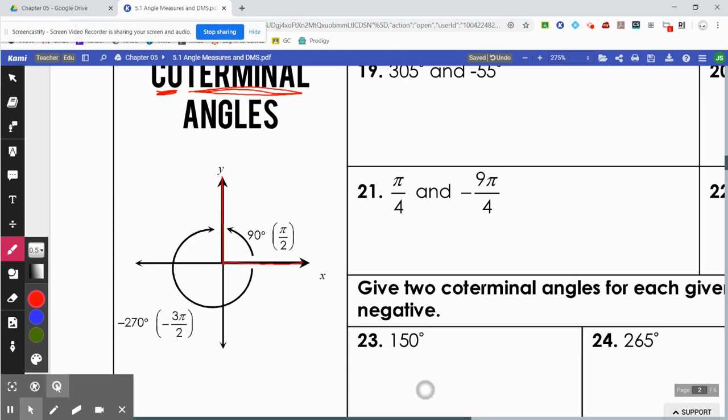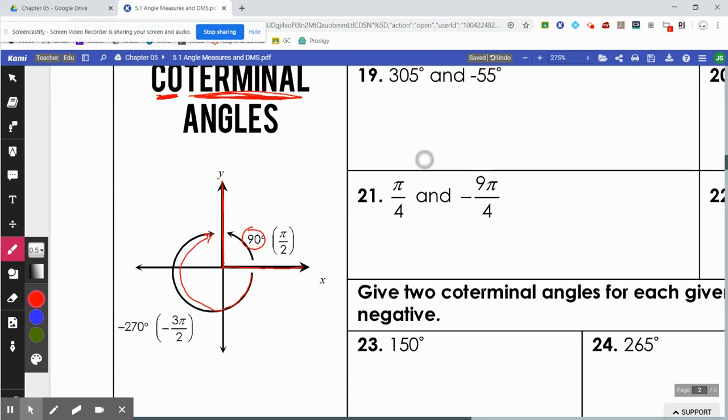This 90-degree angle is actually the exact same thing as a negative 270-degree angle. They have the same terminal side. So therefore, remember, co actually means with or together. Two angles that have the same terminal side, or they stop at the same place, are called coterminal angles.